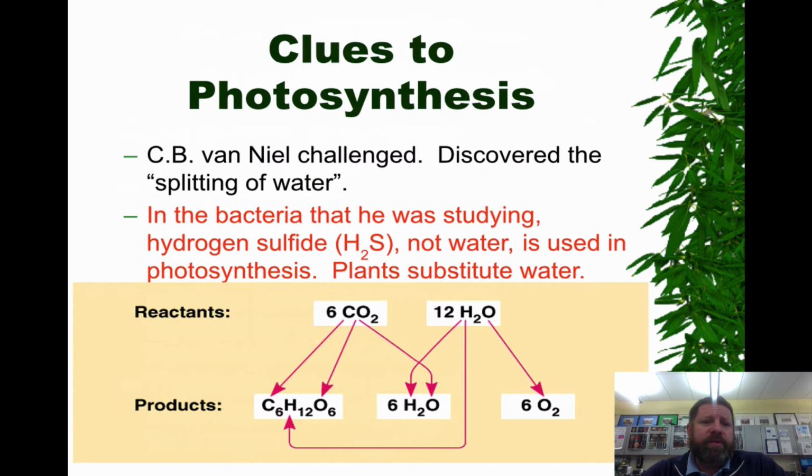So this is a guy, C.B. Van Niel, and he was the one that discovered where the different reactants go for photosynthesis. One of the ways you can do this is you can tag molecules. For example, you can use an isotope of carbon, or an isotope of oxygen, or an isotope of hydrogen, and you can feed those to plants.